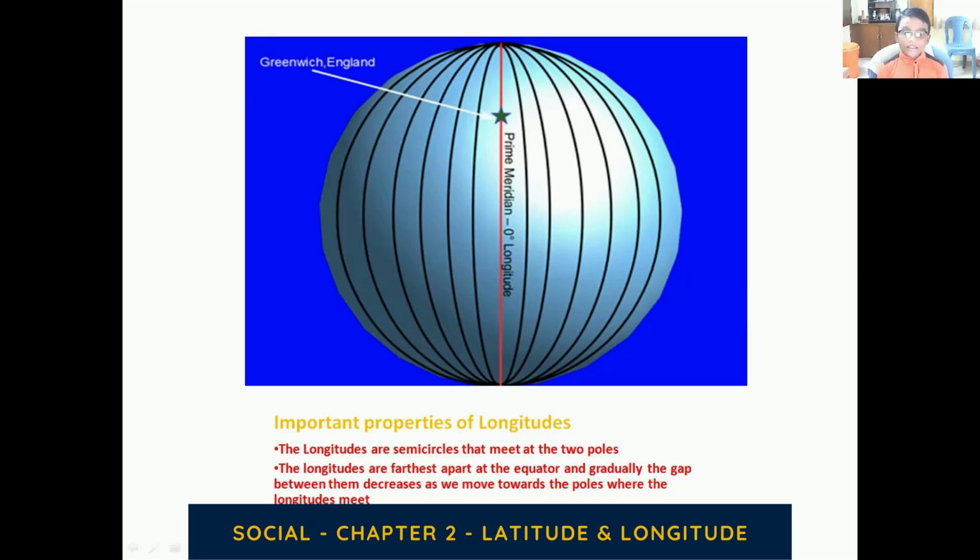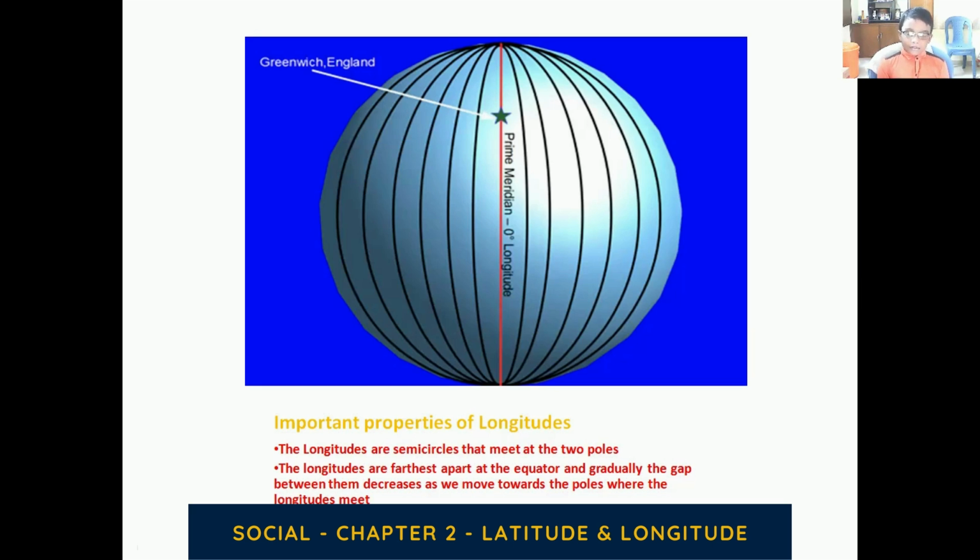The longitudes are farthest apart at the equator, and gradually the gap between them decreases as we move towards the poles where the longitudes meet. 3. All the lines of longitude are of the same length as they extend from the North Pole to the South Pole.